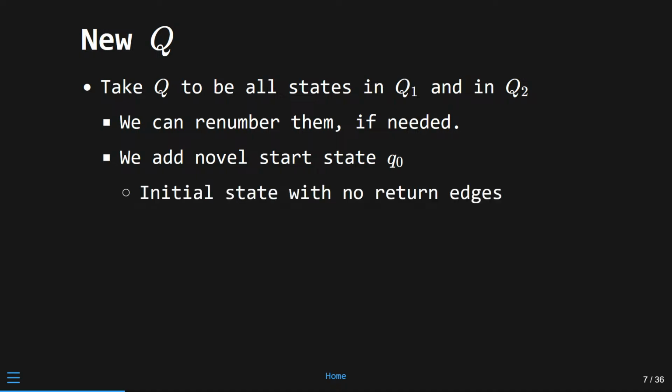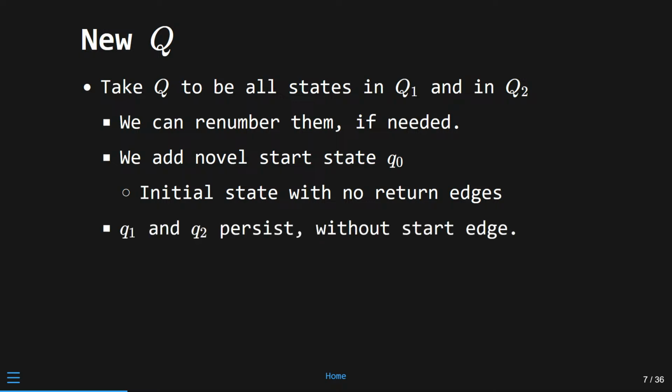We're also going to add a novel start state, and it's going to have no return edges. This new start state is just to split up the computation before we go into our two NFAs. And these are NFAs. These are not deterministic. Q1 and Q2, which we're using to refer to the start states of M1 and M2, which are the two we're taking unions over, are still around, but they're no longer the start state.